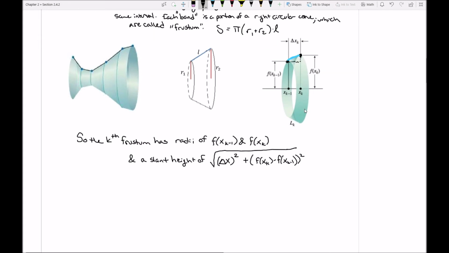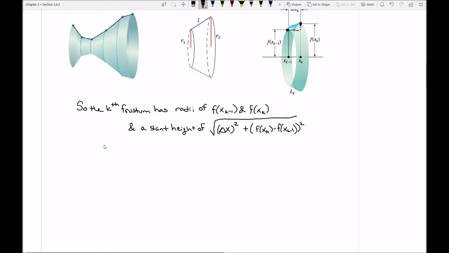So with all of this in mind, it becomes easy to find an approximation for the overall surface area.